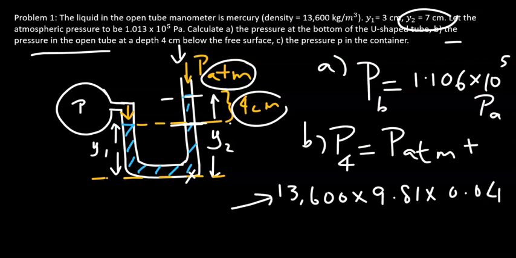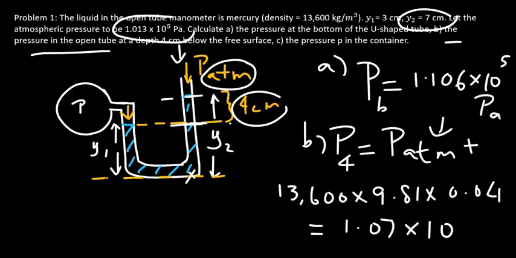So this term right here is the rho g h term. Using the atmospheric pressure of that value in here, this will give you the following for P sub 4, and that's going to be 1.07 times 10 to the power 5 Pascal.